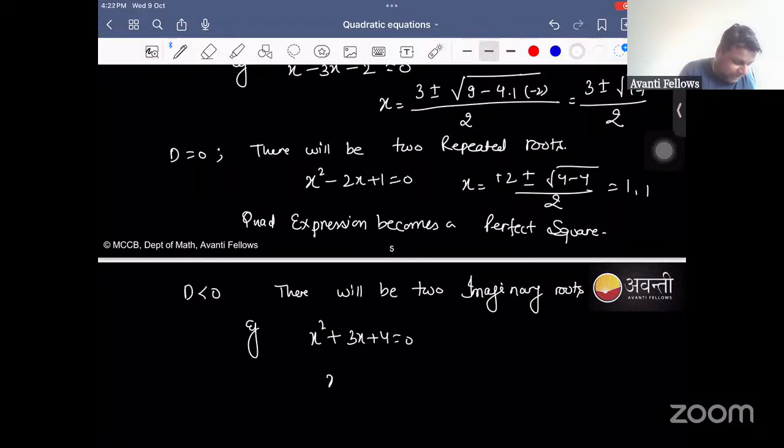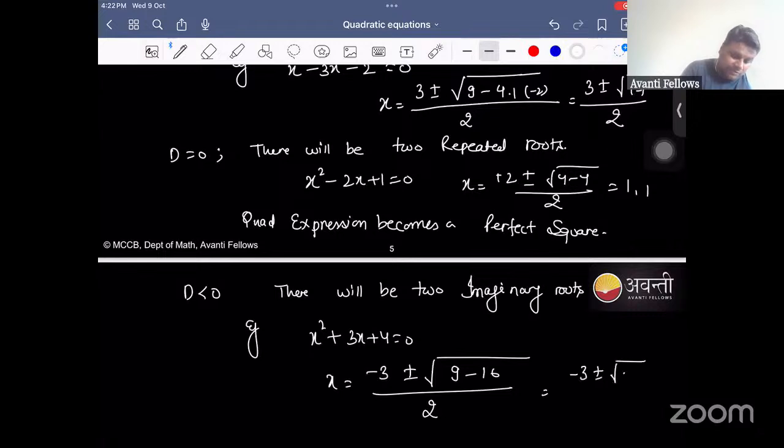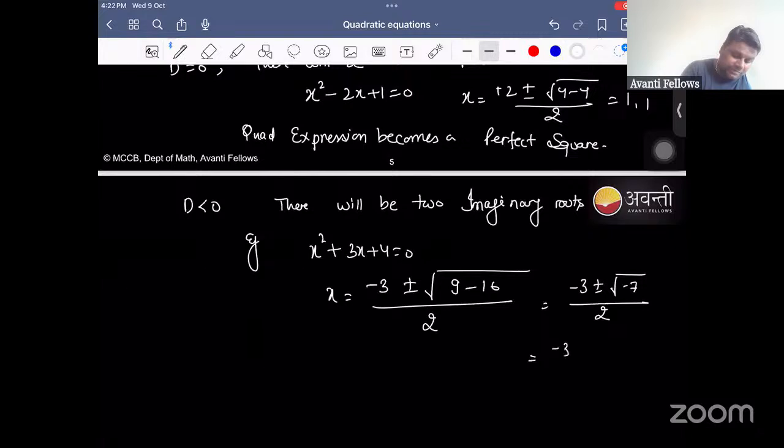Now x will be what? Minus 3 plus minus under root of b square 9 minus 4ac 16 upon 2. So it is minus 3 plus minus under root of minus 7 upon 2. So that is minus 3 plus minus under root of 7, and under root of minus 1 is iota, upon 2. Got it? So in that case, we have two imaginary roots.